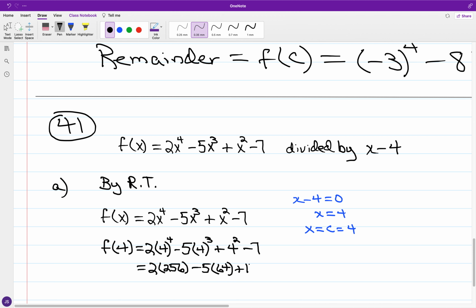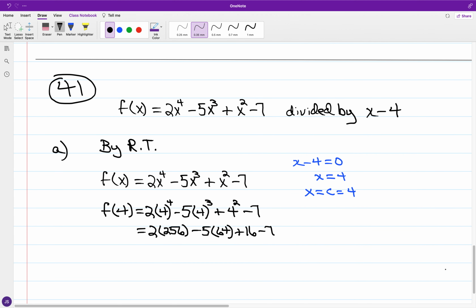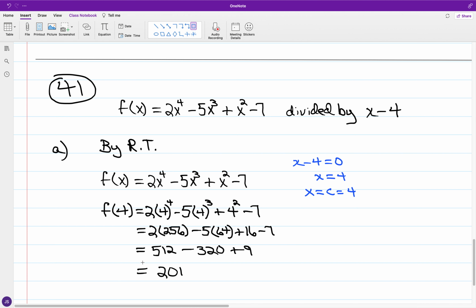We have 4 squared is 16, followed by the subtraction of 7. Following through, you get 512. Negative 5 times 64 is going to be negative 320. And we have 16 minus 7, so we can put these together to have a plus 9. So 512 minus 320 will be 192, plus 9, and this will come out to 201.